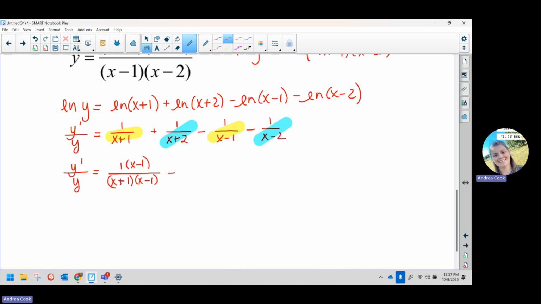Yeah, so let's do that. Maybe I should do different colors here. What kind of common denominators? How many common denominators? Yes.